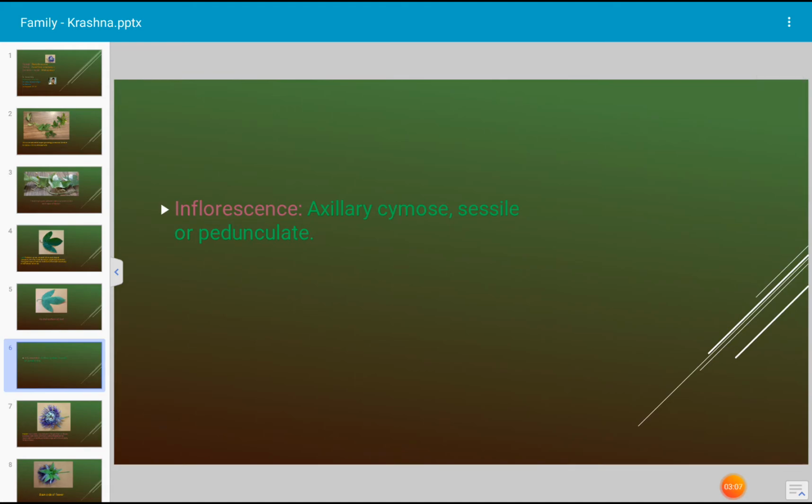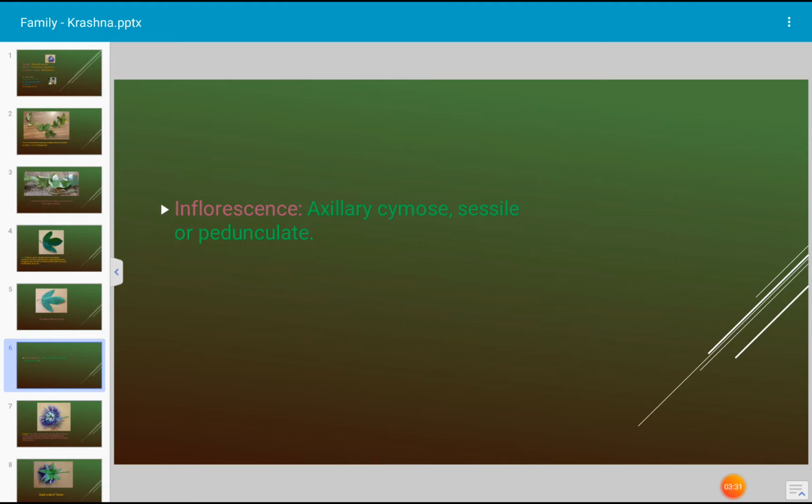The inflorescence of Passiflora incarnata is axillary cymose, and in some species it is sessile or pedunculate. Peduncle means the stalk of the inflorescence, the stalk of the flowering axis. When the peduncle is present, it is described as pedunculate. Okay. And what is axillary cymose?